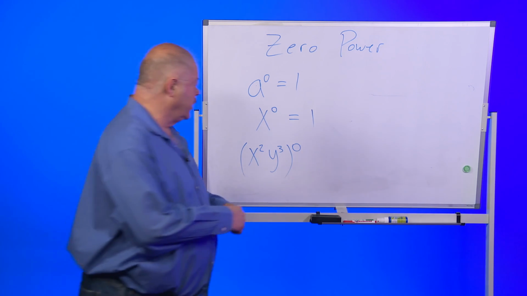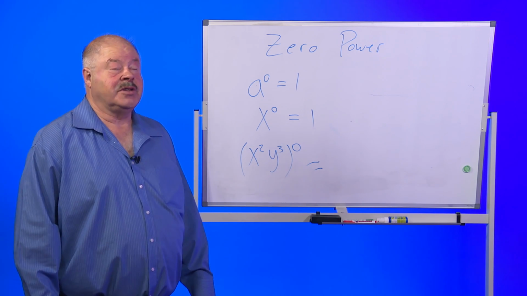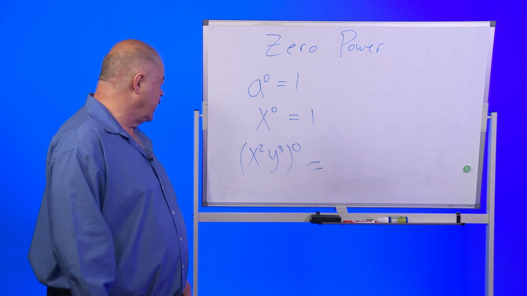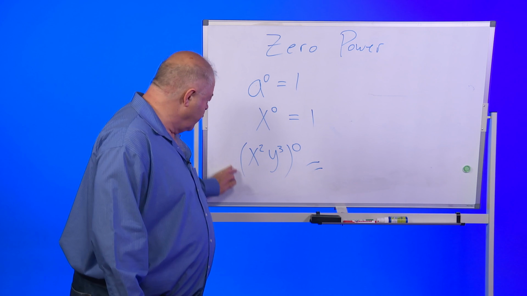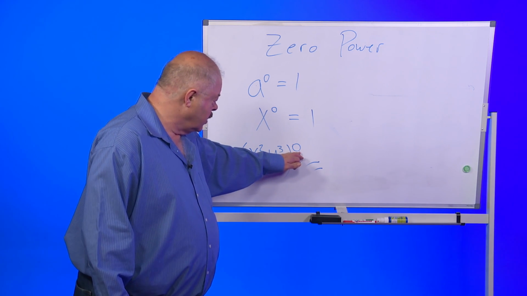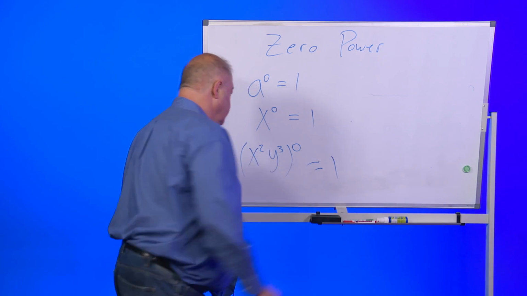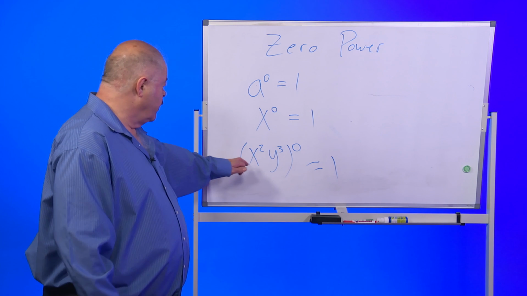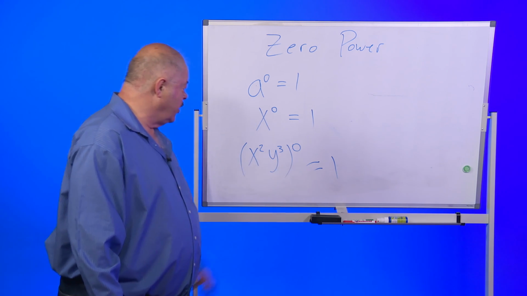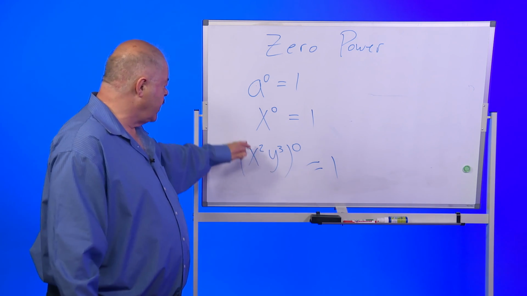Now, something that's a little more tricky, but again is a way of getting some great, quick points on a test. If you have everything that's in brackets to the 0, it is also 1. And so the fact that it's x squared, y cubed, you could have a whole bunch of other terms in here, doesn't matter.